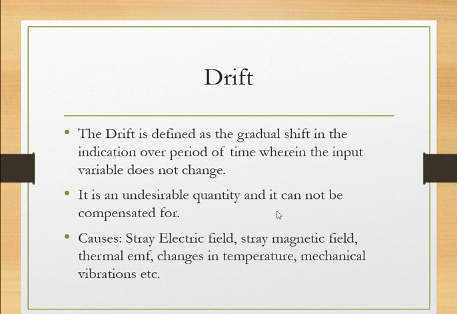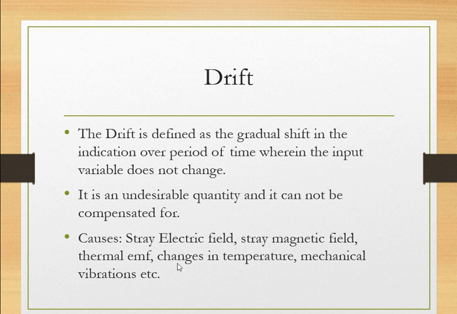So what are the causes of this? I think you know quantities like stray capacitance. Inside the instrument there may be a stray electric field and a stray magnetic field, due to which there may be a change in some internal parameters of the instrument. There may also be a thermal EMF.